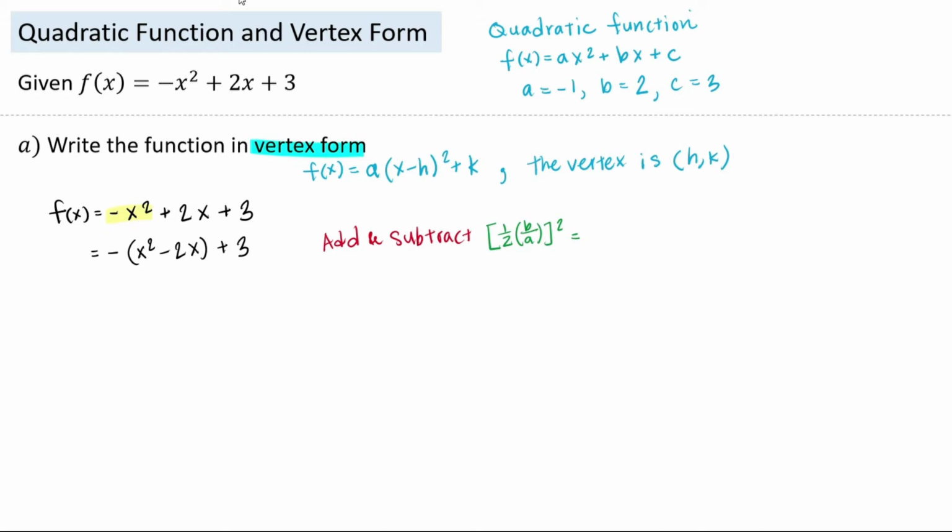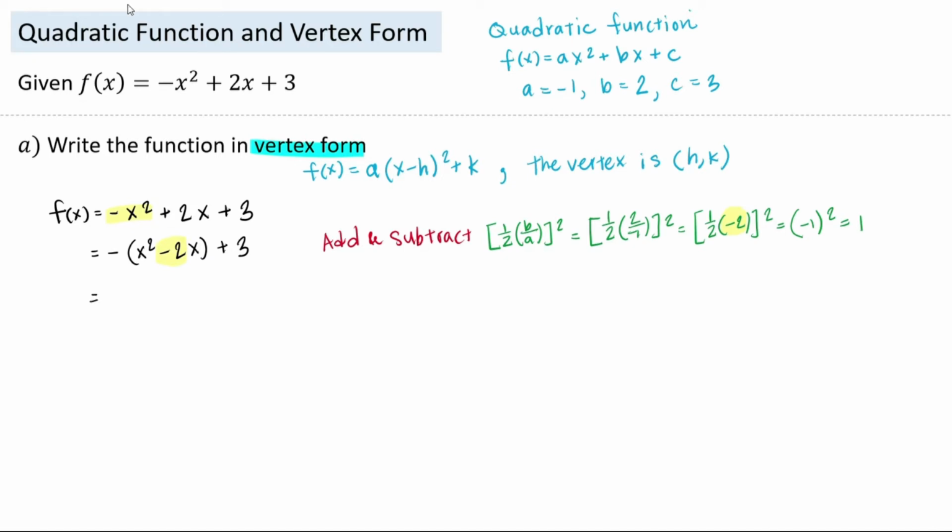So b over a is 2 over negative 1, which is negative 2. We have 1/2 times negative 2 squared, which is 1. This negative 2 came from negative 2x.